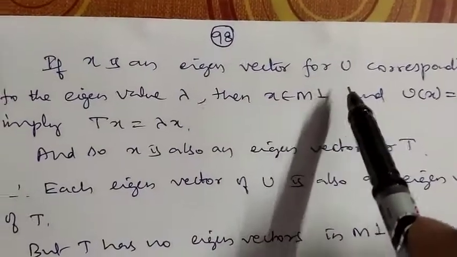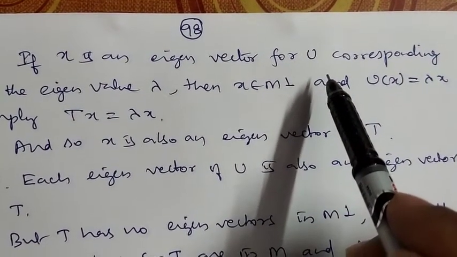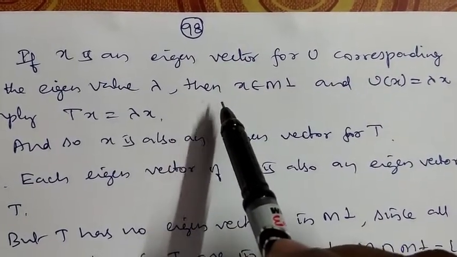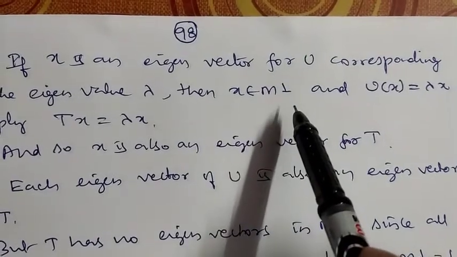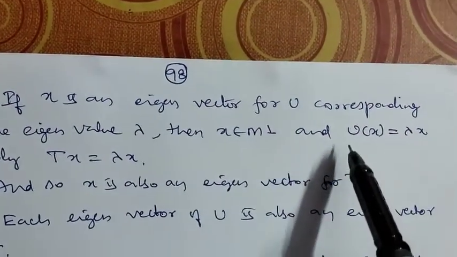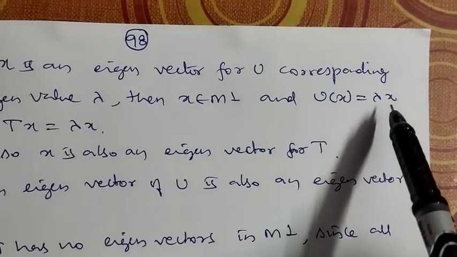Next, if x is an eigenvector of U corresponding to the eigenvalue lambda, then x belongs to M lambda, and U of x is equal to lambda times x.